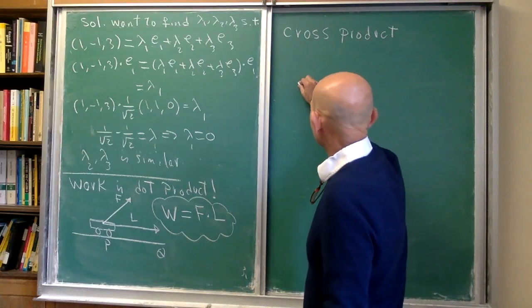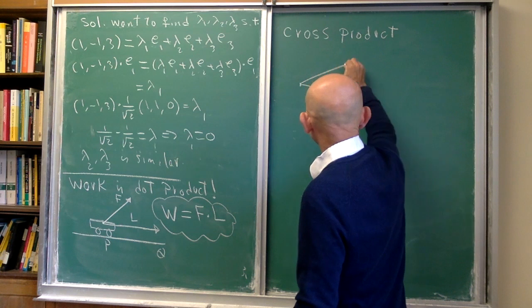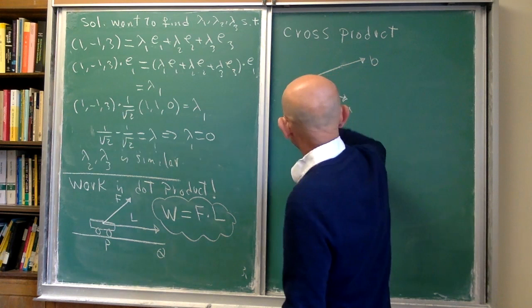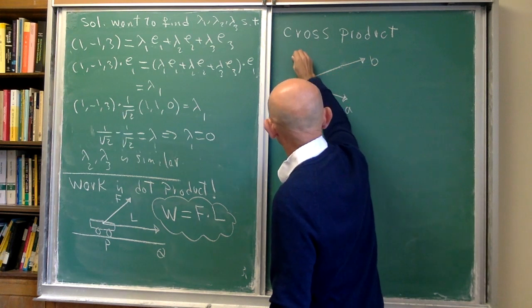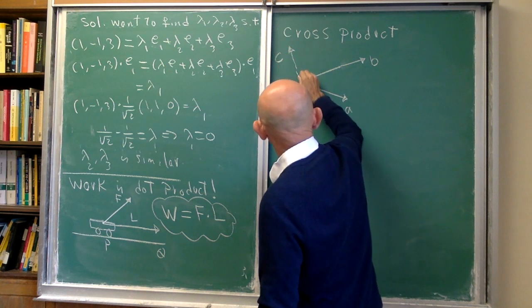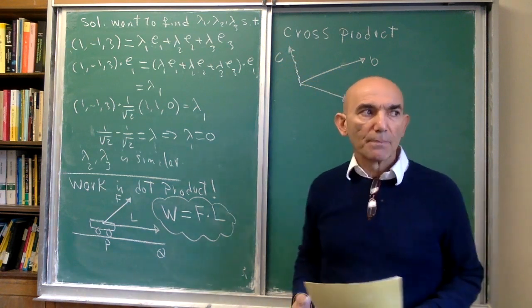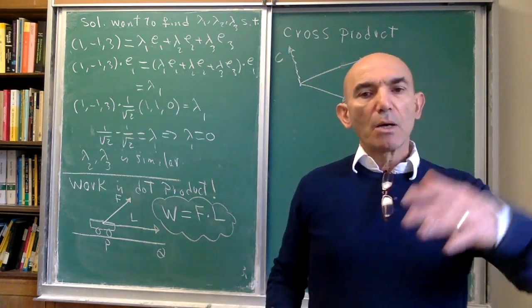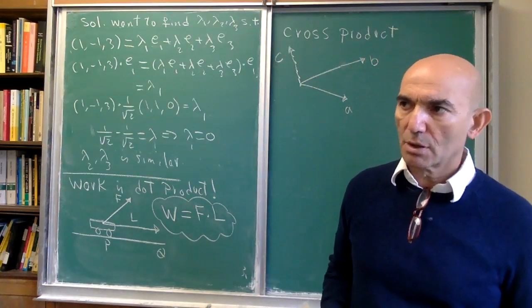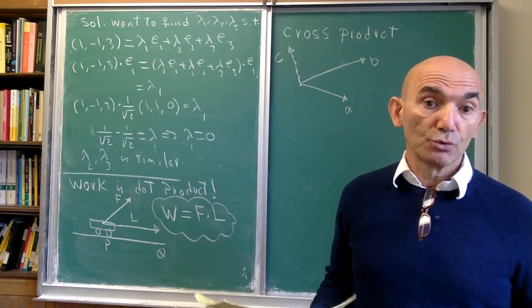So there is this vector A and this vector B. And we are looking for a vector C that has some properties. So I will write down the properties that we are looking for in our cross product, and then we'll see if this problem has a solution or not, right?